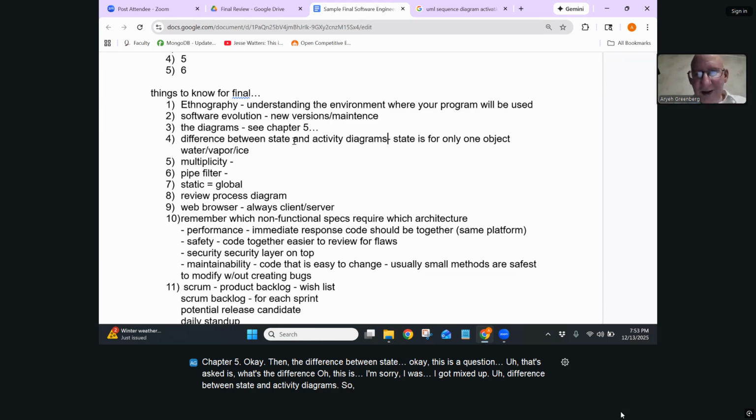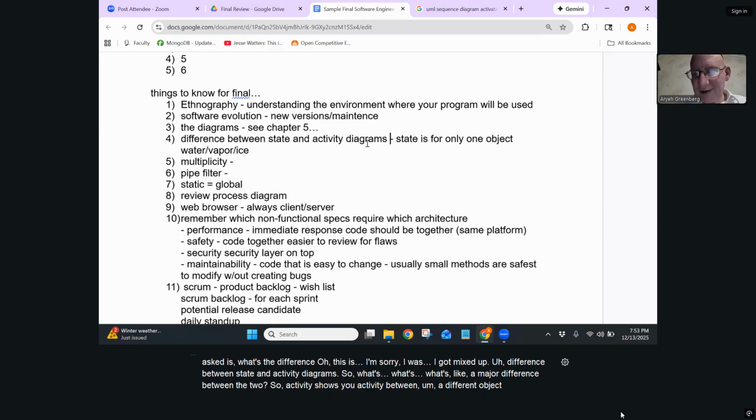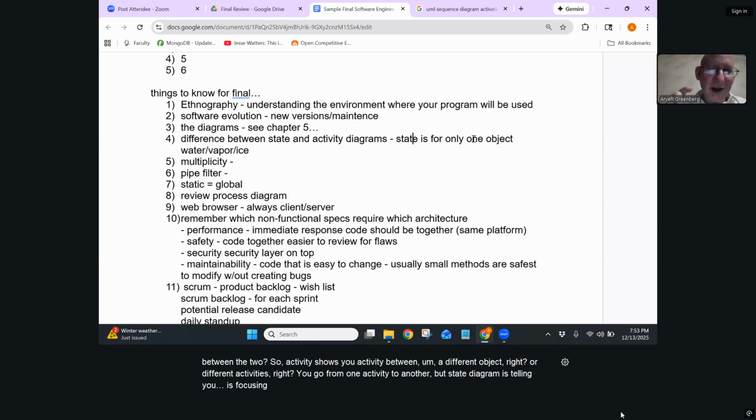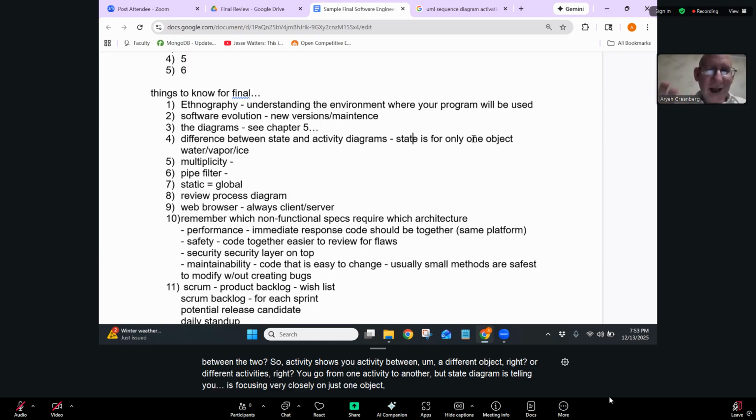So what's a major difference between the two? Activity shows you the flow between different activities, right? You go from one activity to another. But a state diagram focuses very closely on just one object, and it tells you the different states it could be in.